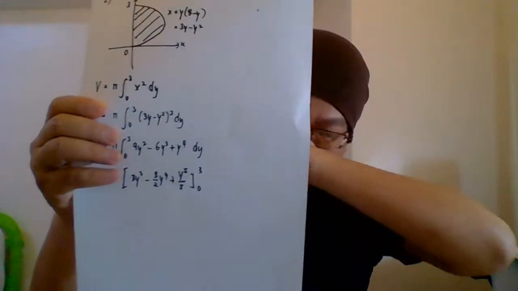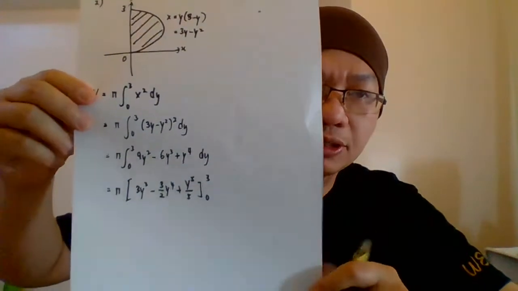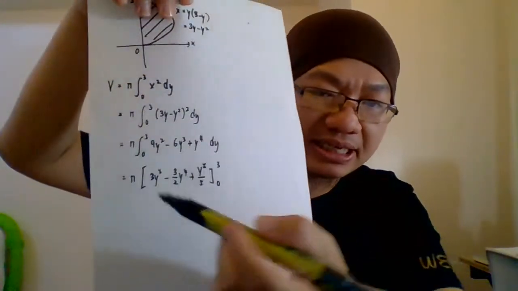So you're supposed to get 9 over 3, 3y cubed minus 6 over 4, which is 3 over 2 y power 4, plus y power 5 over 5, to the limit 0 to 3.